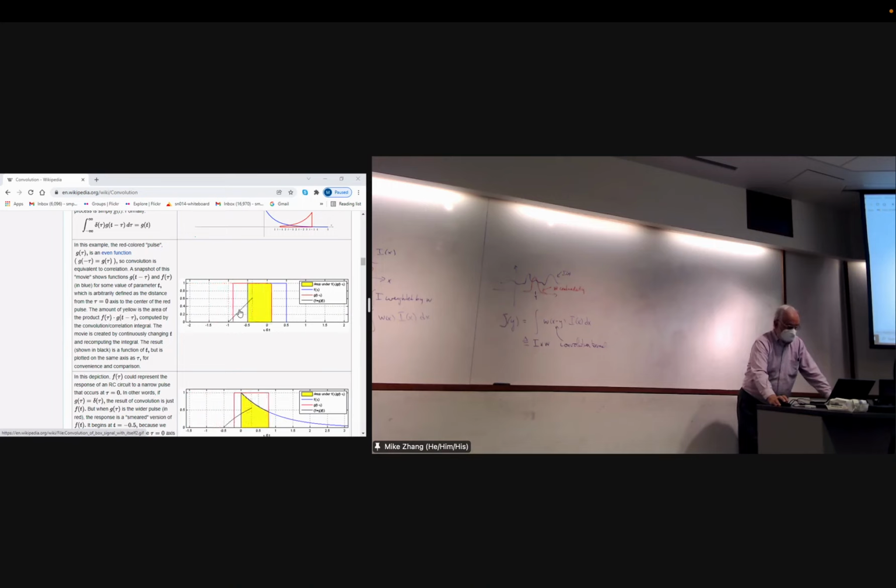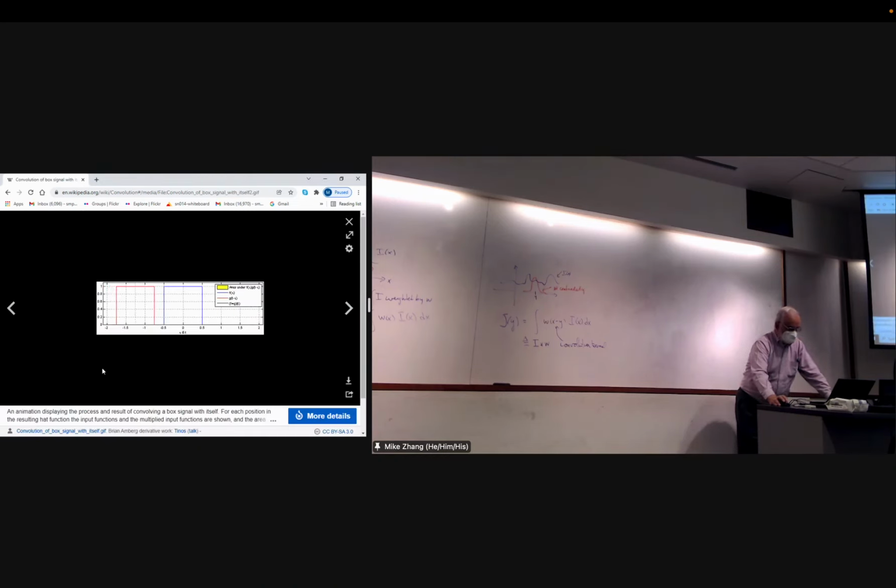But now the weighting function is moving along, and I think you can see that at any given point, as long as there's no overlap between the weighting function centered at y and the image, the result is 0, but as the overlap, the yellow, becomes maximal when they're fully the same, and then they get smaller.